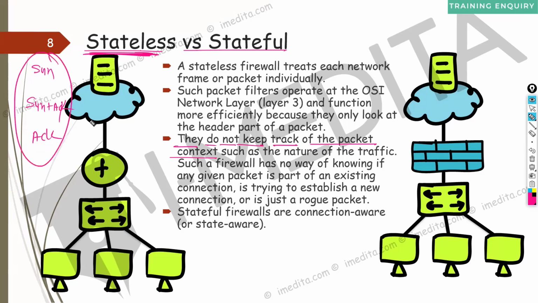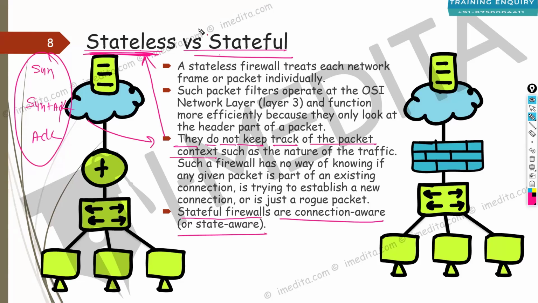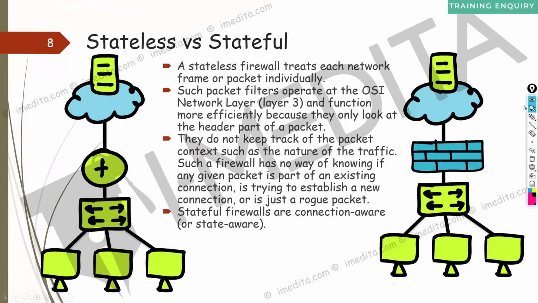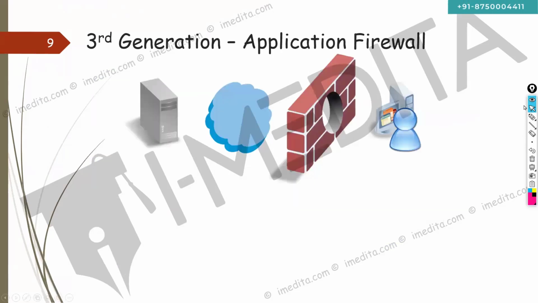This procedure is not tracked by a stateless firewall, while stateful firewalls are connection aware or state aware. They do track this procedure. Got it? This is the major difference between stateful and stateless firewall.